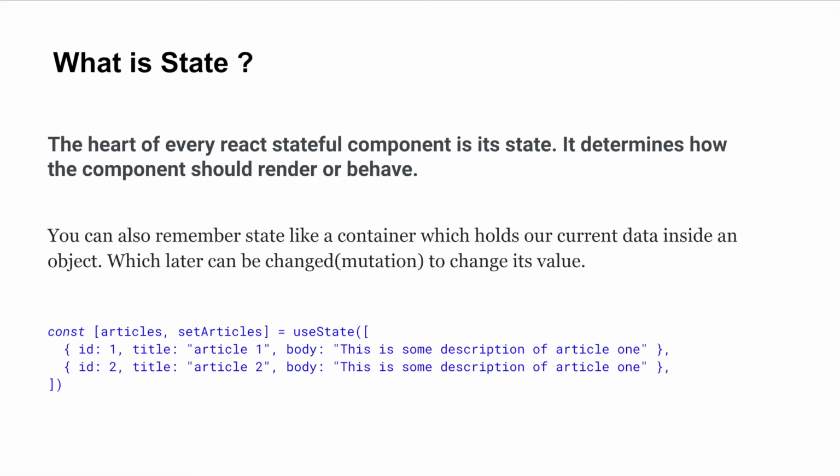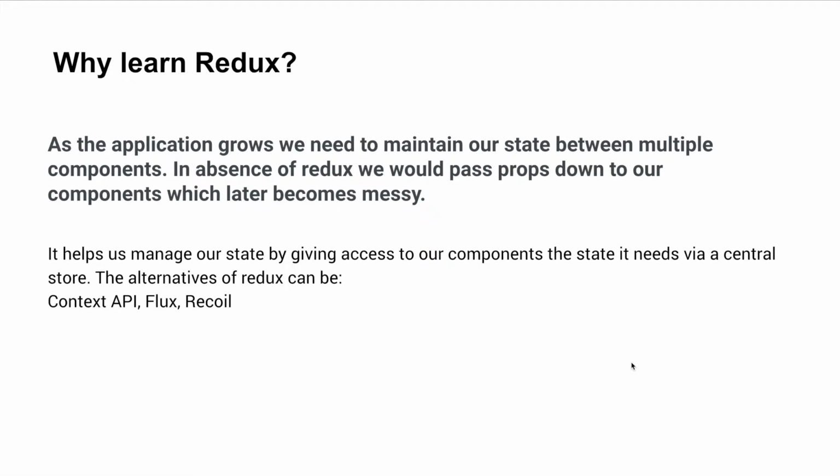Here we have the two objects, that is id 1 and id 2, which hold the current state, with the key value pairs title: article 1, body: this is some description of article 1, and down here article 2, this should be 2.